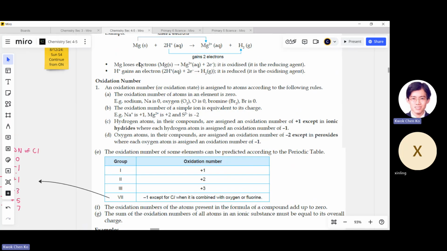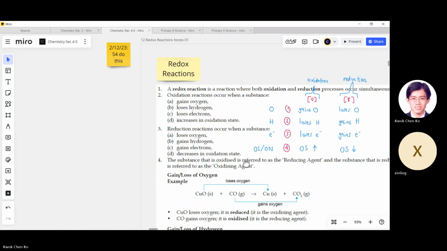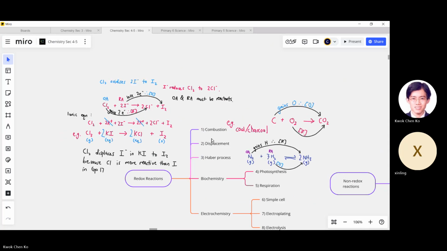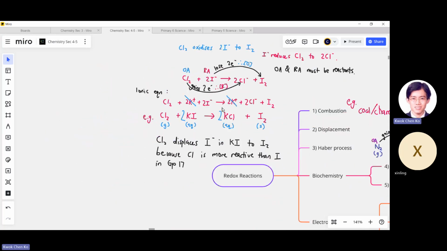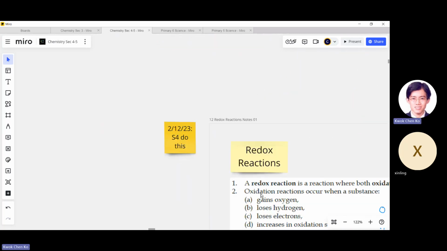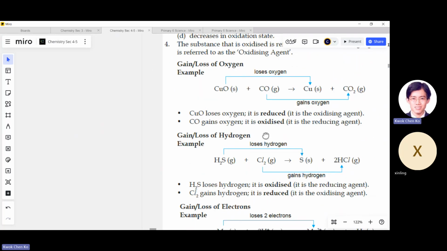Let's go back to our example. Let's look at this again. The displacement reaction that we wrote earlier, and try to apply oxidation states.